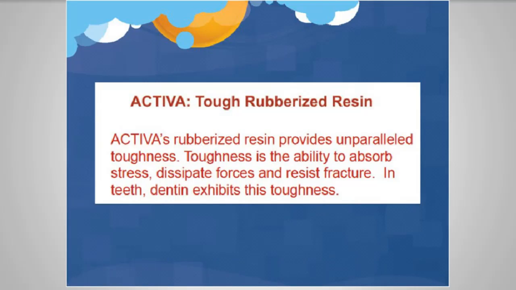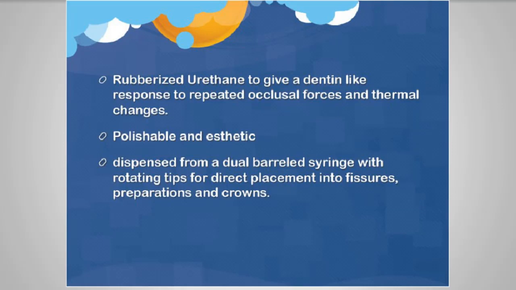Now, we were talking about that rubberized urethane resin. The resin is rubberized, giving it a toughness, so it has the ability to absorb stress, dissipate forces, resist fracture. It's very much like dentin does when it works, because the outer brittle enamel is supported by the more flexible and dynamic dentin, and that's what they have created in this Activa.